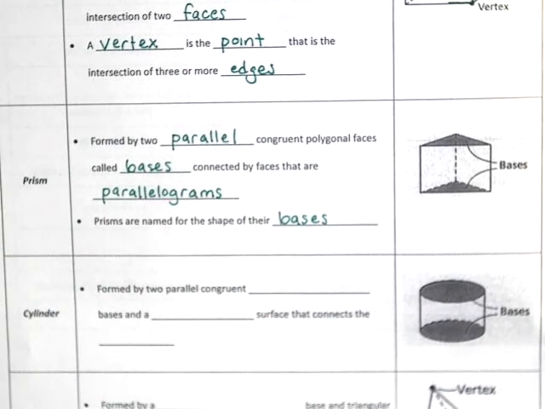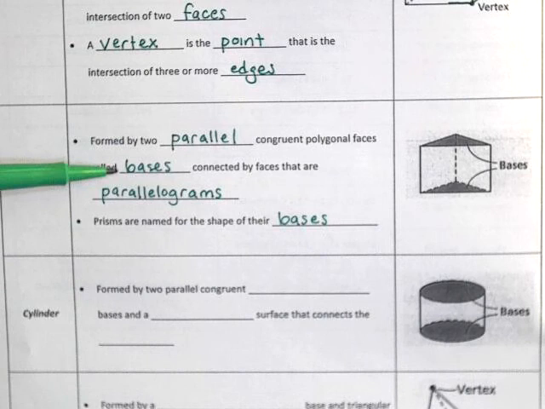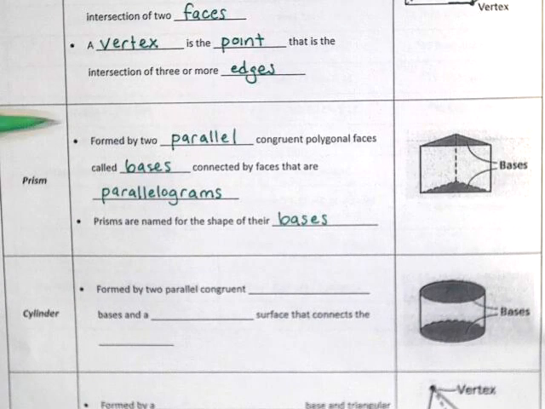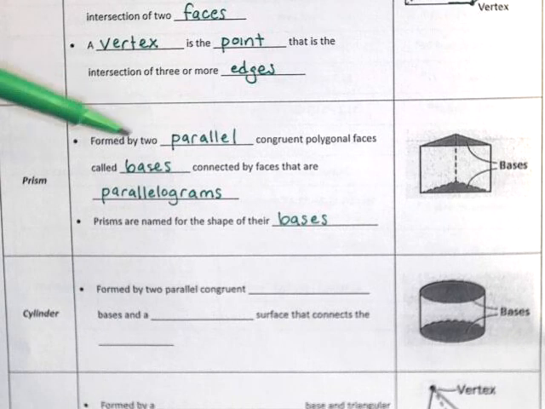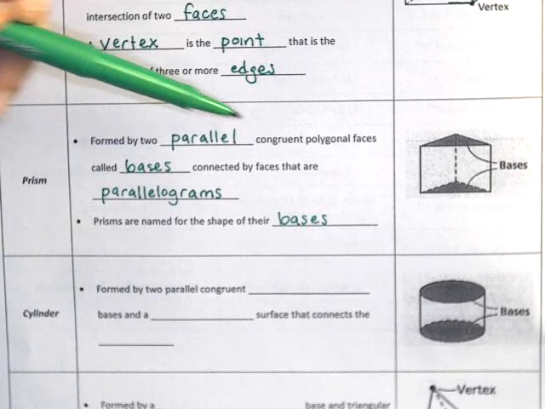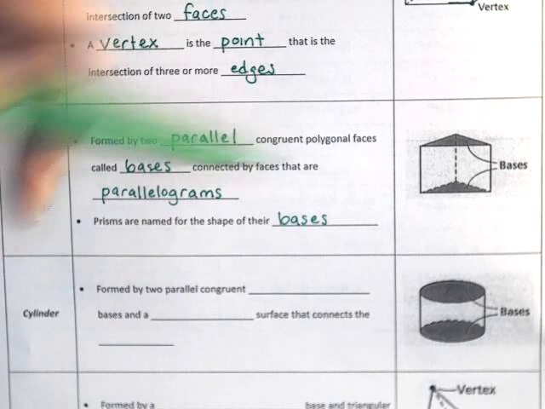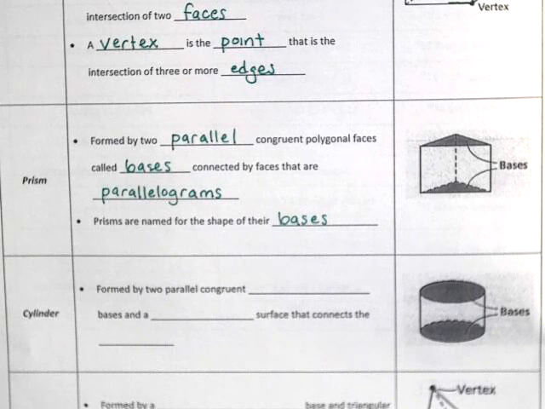We'll get a little bit more into this later, but being able to recognize these bases is super important. This idea that they're formed by two parallel, congruent polygonal faces might be difficult for some of you to visualize.